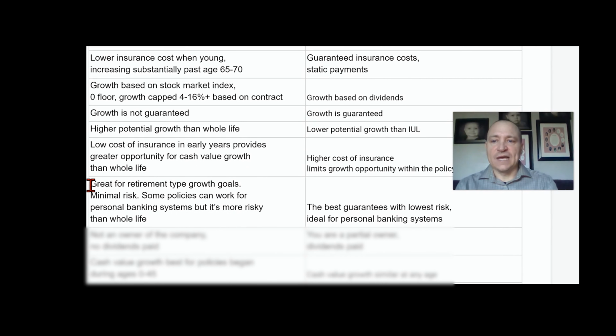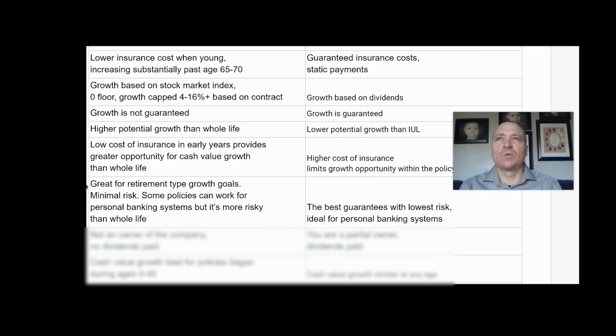So with index universal life insurance, we say it's great for retirement type growth goals. There's minimal risk. Again, you do have a risk of not earning any growth that year, but you have the opportunity to earn more growth than you would otherwise. And some of these policies can work for personal banking systems, but it is more risky than whole life.